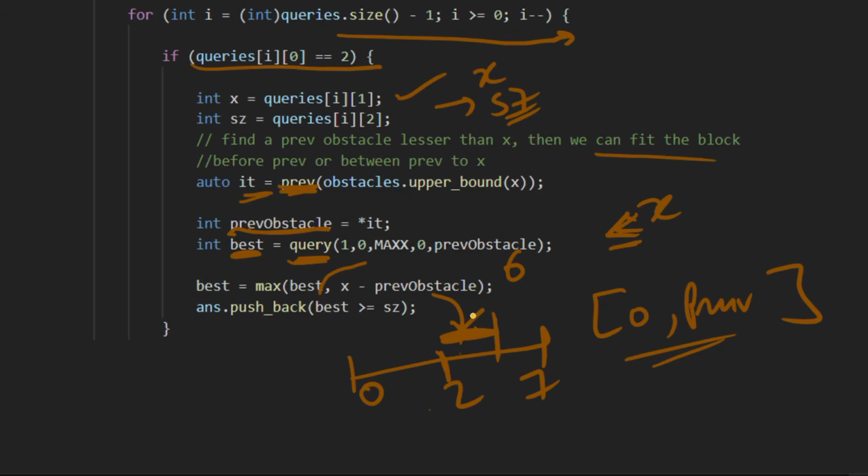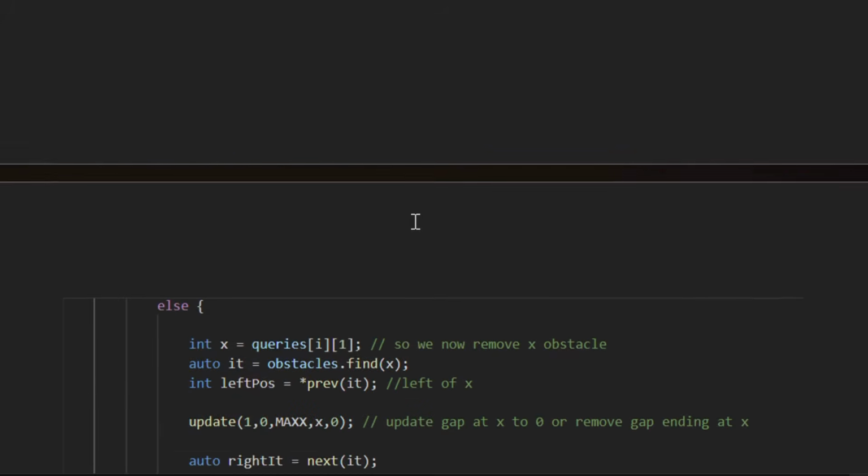It may be possible that we have a maximum gap created here, so we consider that gap also. So that's why we take the maximum of best, which is the query part, and x minus previous obstacle, which is the tail part. Then if best is greater than or equal to size, our answer is true, else our answer is false. So this is the way we process type 2 queries.